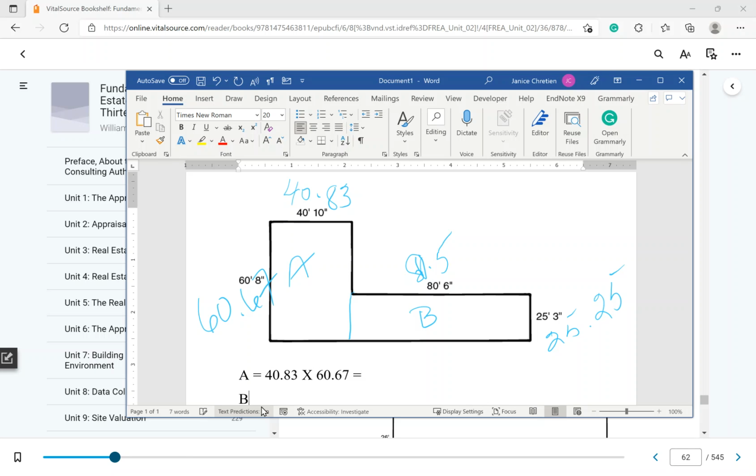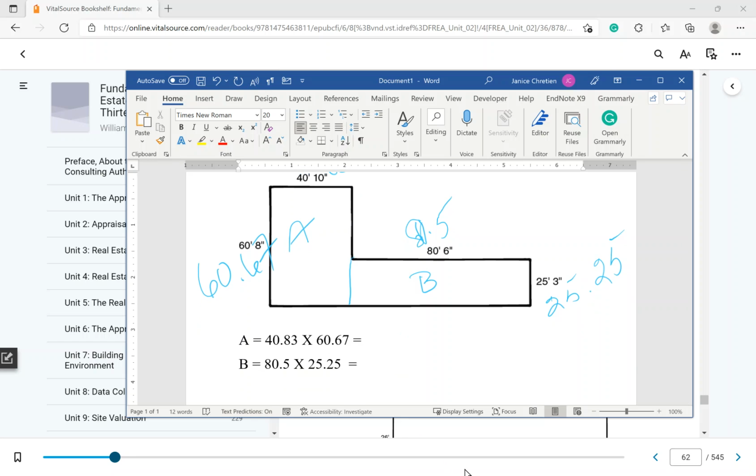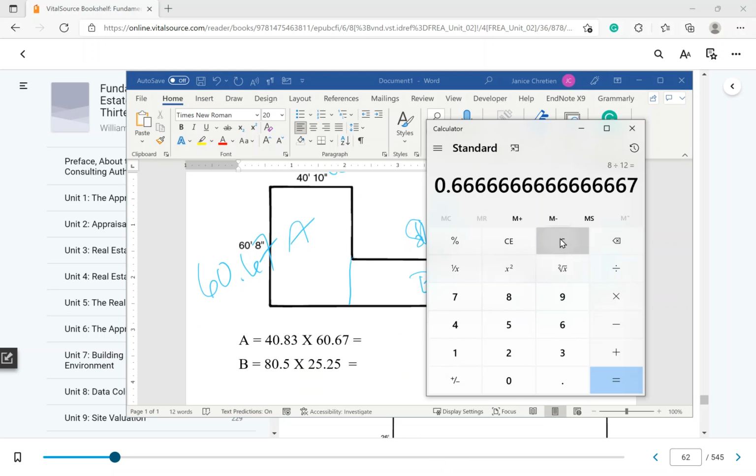And then for B, I'm going to say 80.5 times 25.25 equals. So 40.83 times 60, and I'm going to round these.